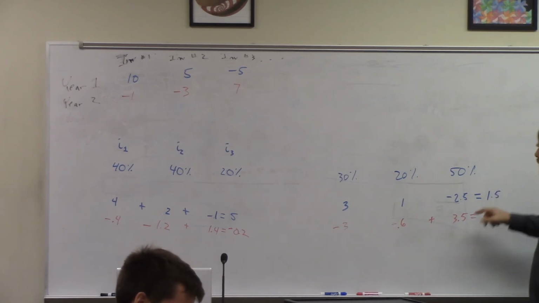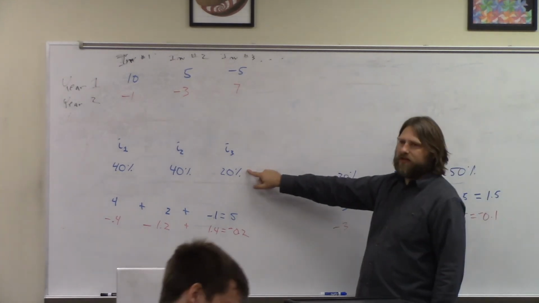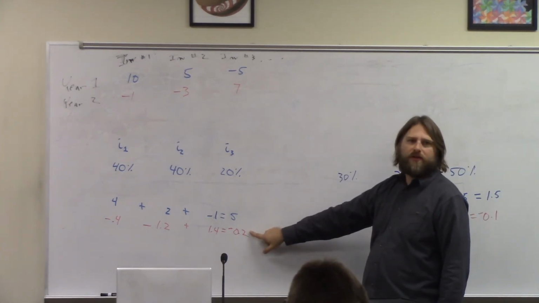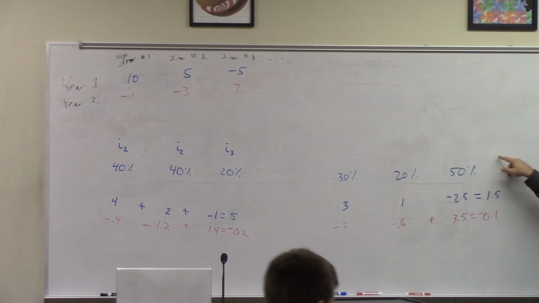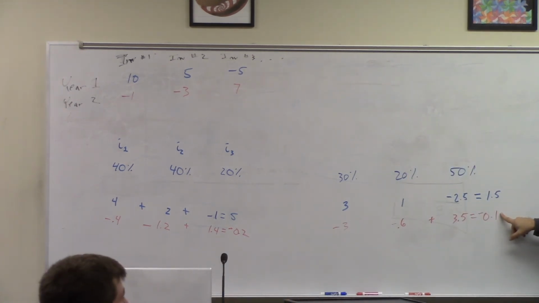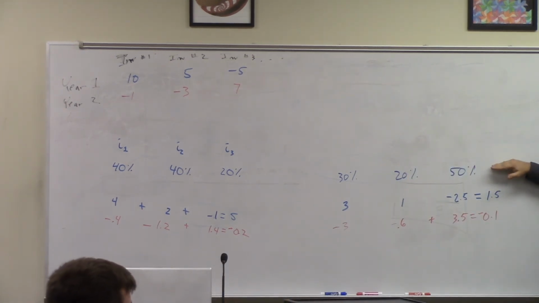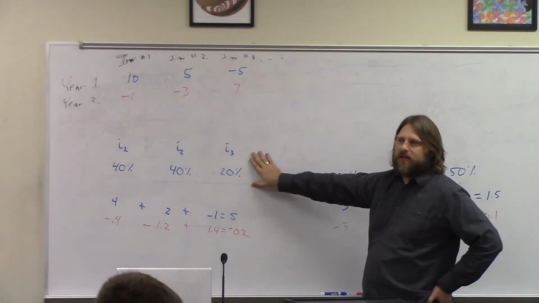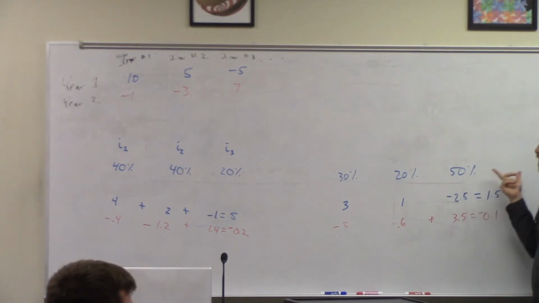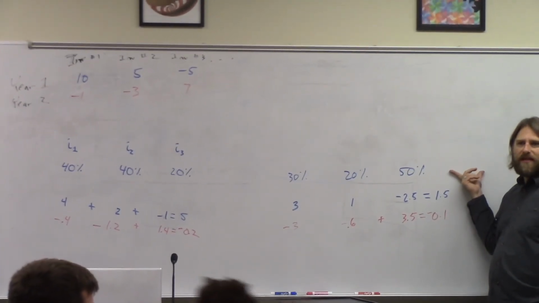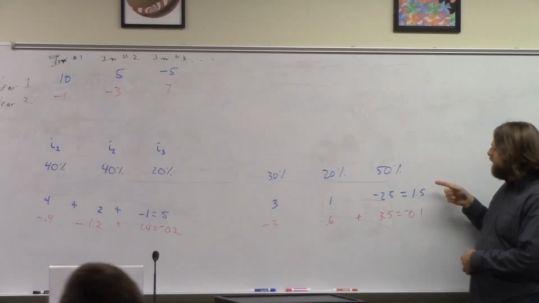All right, so the worst case scenario for this allocation is losing 0.2%. The worst case scenario for this is losing 0.1%. So we would prefer this allocation over this allocation because this has a better worst case scenario. We're not worried about its best case, right?